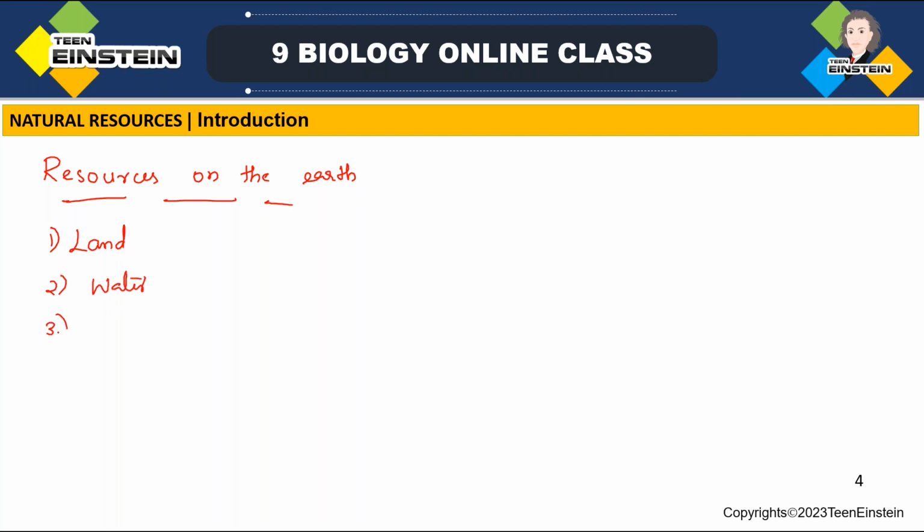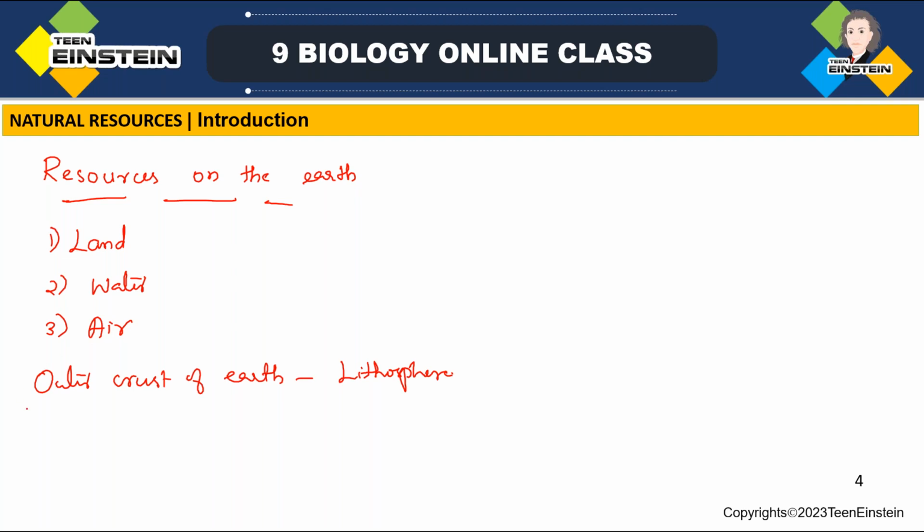Then air. These are the main resources which help life, right? So the outer crust of earth is called the lithosphere. Okay, the outer crust of earth, that is called the lithosphere.